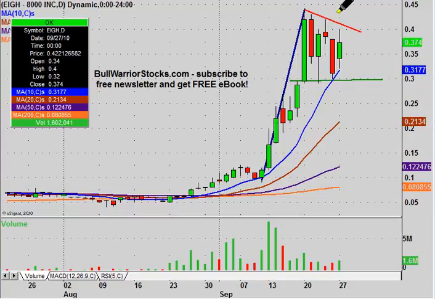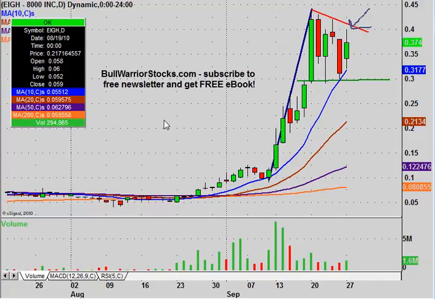In terms of resistances, besides this one here, with a breakout of there you're back into blue sky territory. There hasn't really been any resistance for quite a while now. So get back above and outside of the chart pattern and you're in blue skies again, where you're going to have to use your gut instincts on where to take profits. So that is where the chart currently stands.